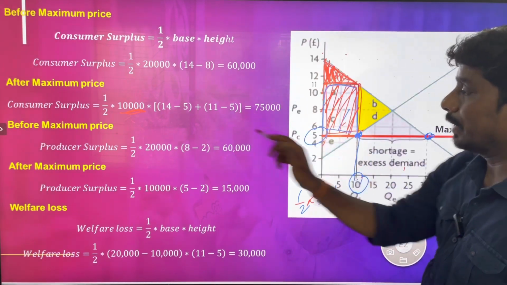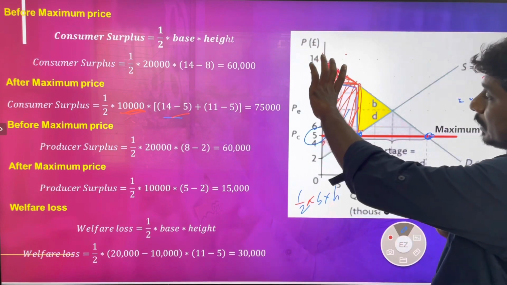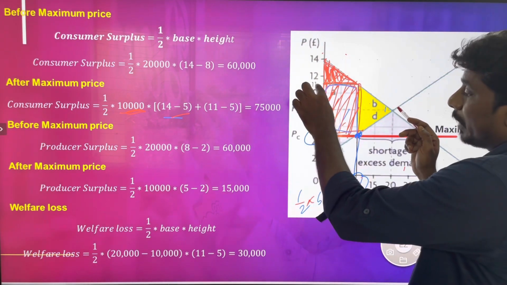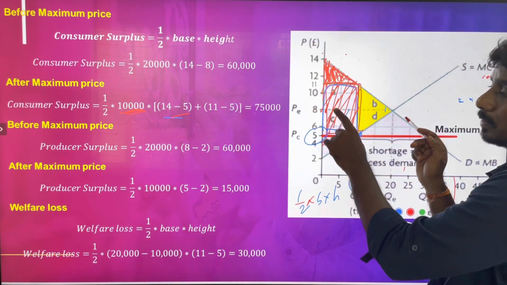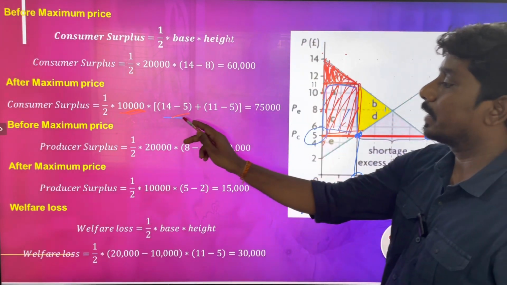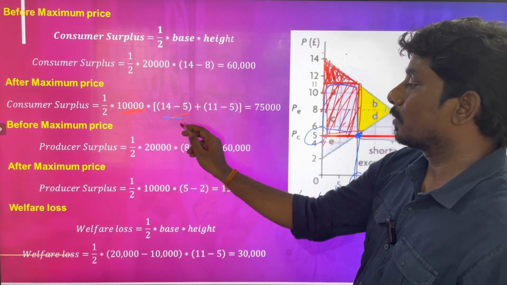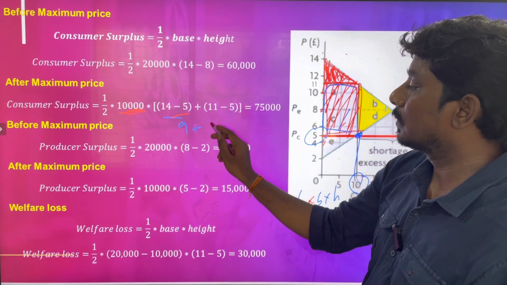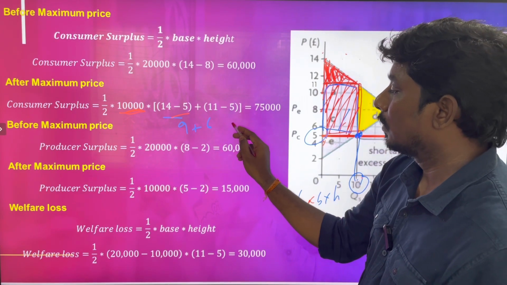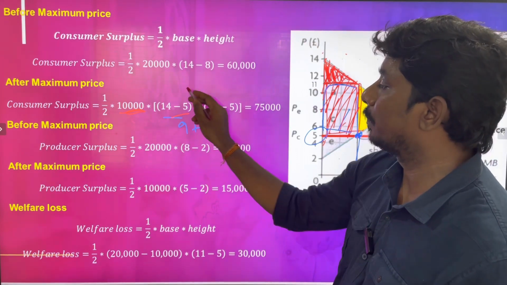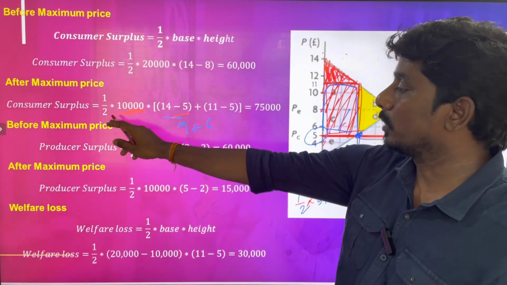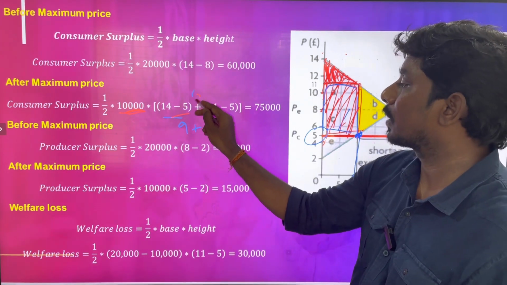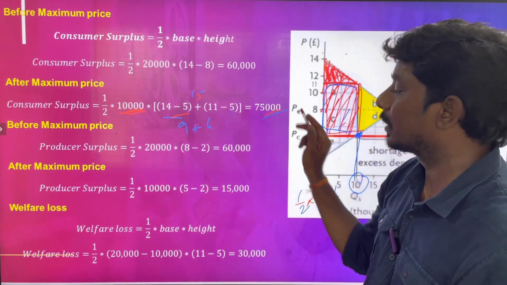So 14 minus 5, this entire thing, and we are not including this yellow shaded area, so we are removing this part, 11 minus 5. So 14 minus 5 is 9 plus here it is 6. Okay, it is 15. So 1 by 2 into 10,000 into 15. If you multiply, we will get this number.